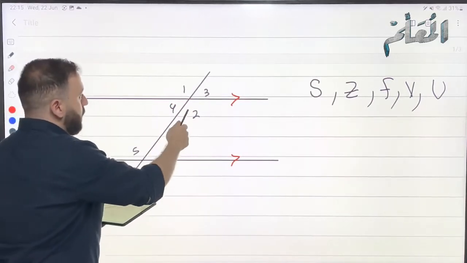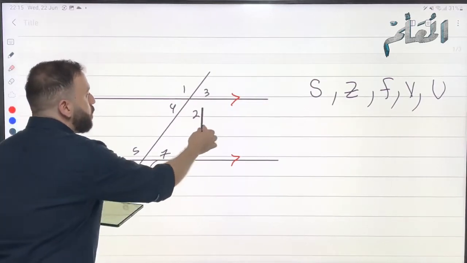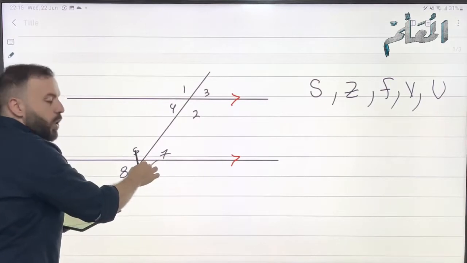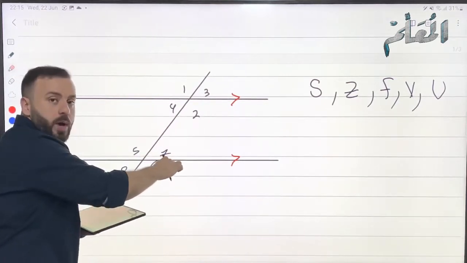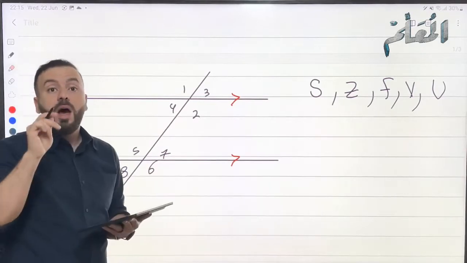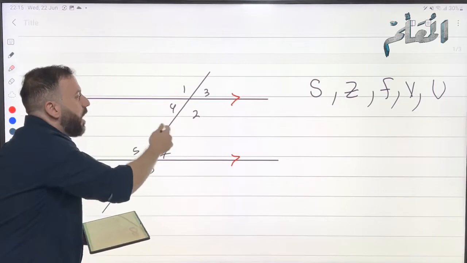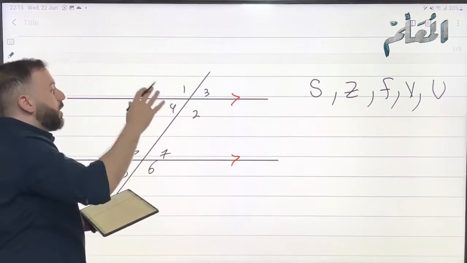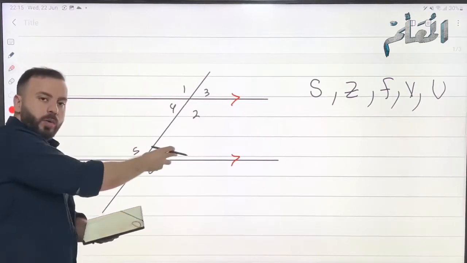What are they? The alternate interior angles, which means angle 2 is congruent to angle 5, and angle 4 is congruent to angle 7. Interior means the S and Z are in the interior part here. So angle 2 is congruent with angle 5, and angle 4 is congruent with angle 7.